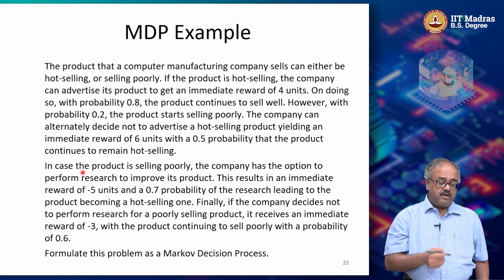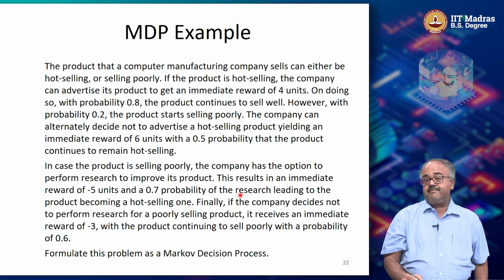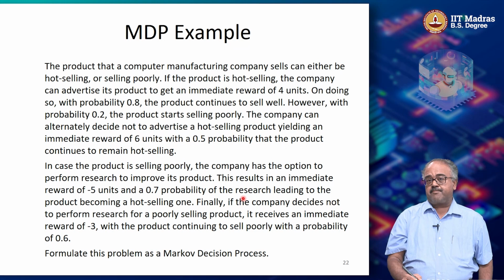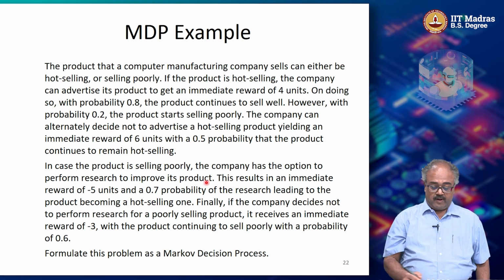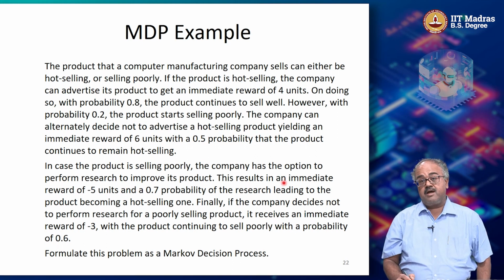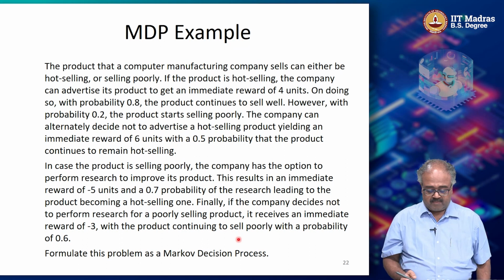Okay. Now, if the product is selling poorly, right? So the company, so you don't want to just advertise a bad product, right? Even though many people keep doing it, but you would like to improve the product. See? So what you can do is, you can either perform some research to improve the product, or not perform research and just hope that the product becomes hot somehow, right?